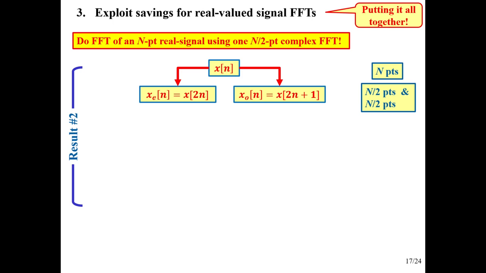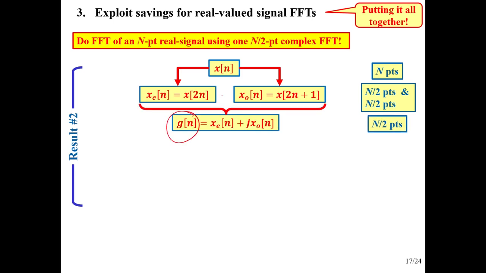Split it into the two parts. Form the G of n. This goes into the real part. This goes into the imaginary part. Now I've got a signal. So that didn't take too much computation. That's really just indexing and not even really adds, because you don't really add real and imaginary parts inside a computer. You just say, my G of 0 has this value stored in one memory location and this value stored in the subsequent memory location.